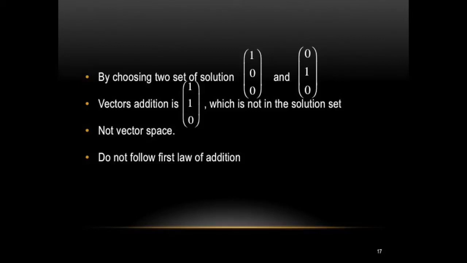The vector addition of these two vectors is 1, 1, 0, which is not in the solution set because 1 plus 1 plus 0 equals 2. By the first law of vector addition, when two vectors are added together, the result must also be in the vector space because the vector cannot leave the space. So this is not a vector space.